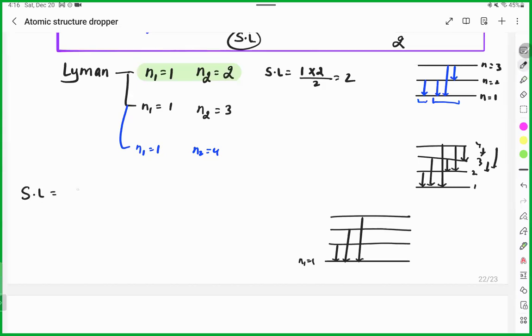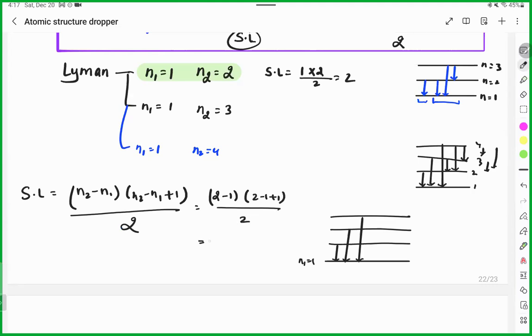The spectral line formula is n2 minus n1, times n2 minus n1 plus 1, divided by 2. If n2 value is 2 and n1 value is 1, what is the answer?